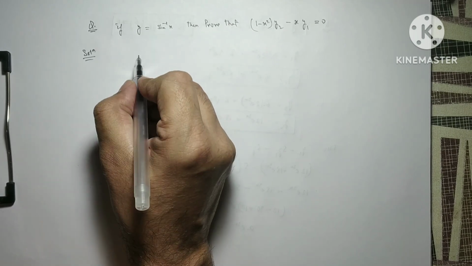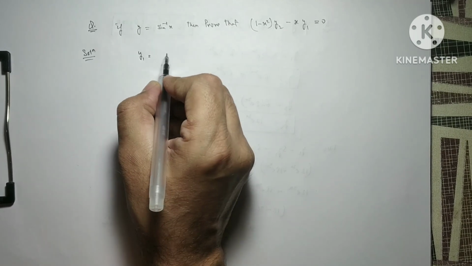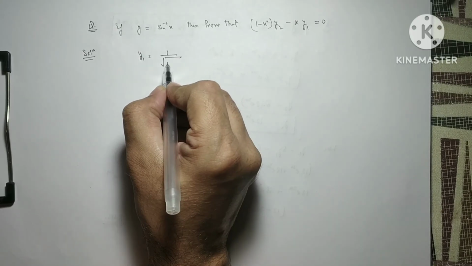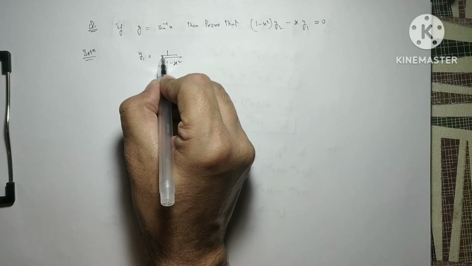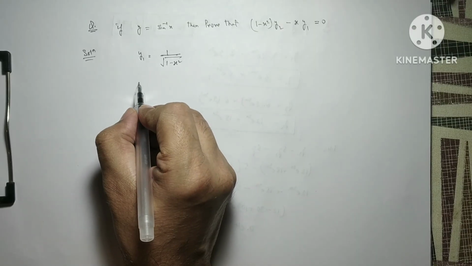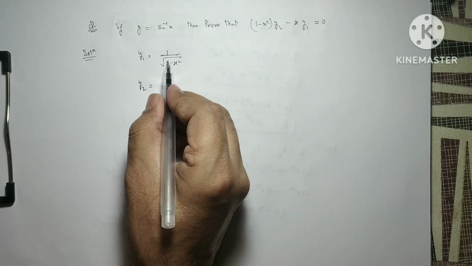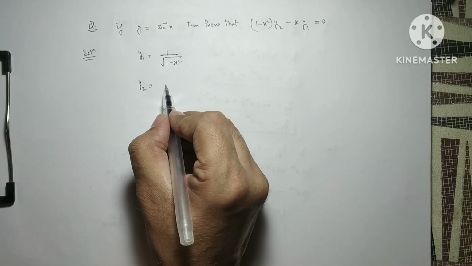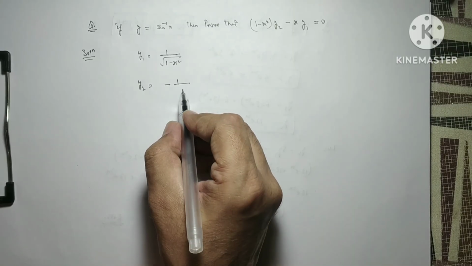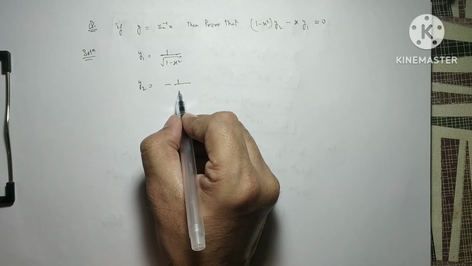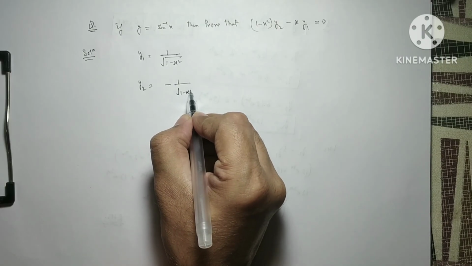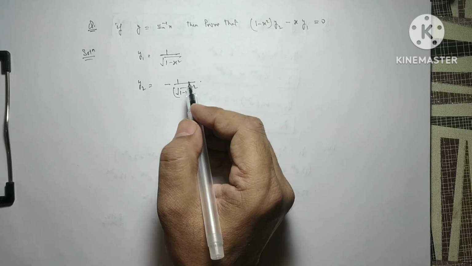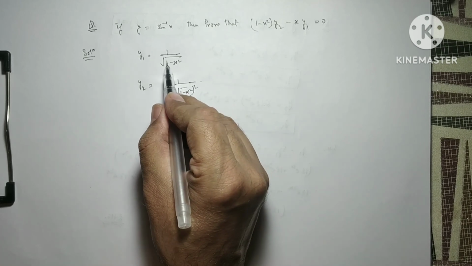So y is this, so y1 will be the differentiation of this, that is 1 over under root 1 minus x square. And what about y2? Again you will differentiate this, so consider it as t. 1 over t is minus 1 over t square, so it is under root 1 minus x square, and again we will collect as u.